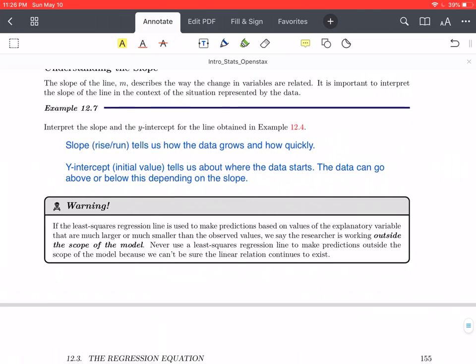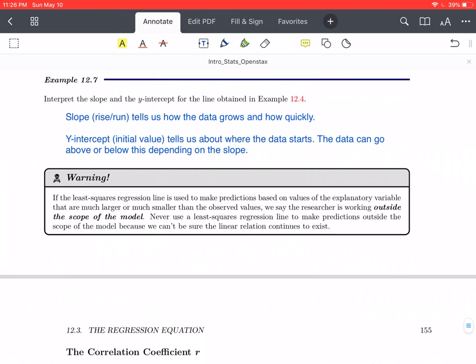Okay, now one additional thing they want to warn us about. We can use the least squares regression line to make predictions based on the values of these variables, but we need to stay within the scope of the model.